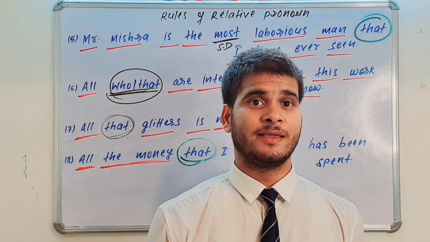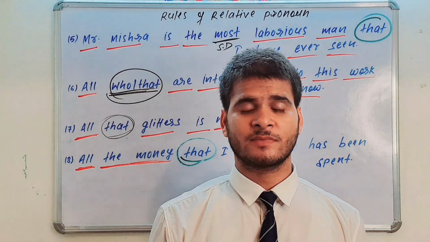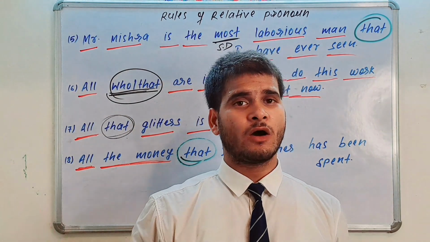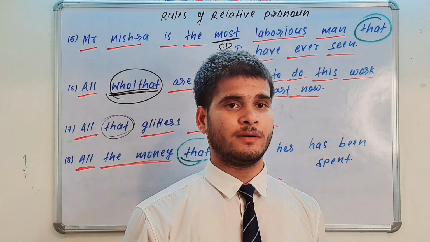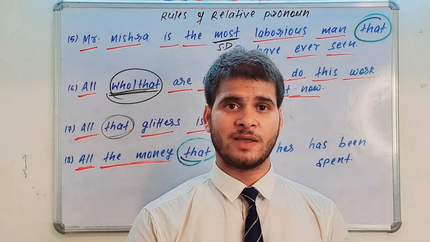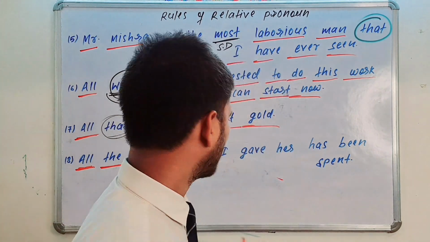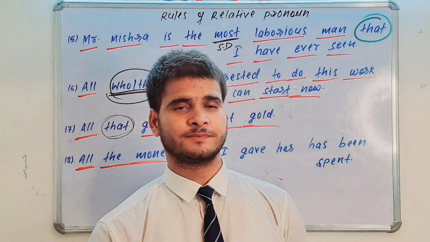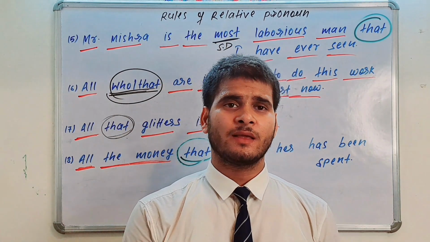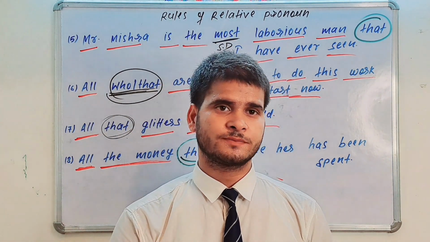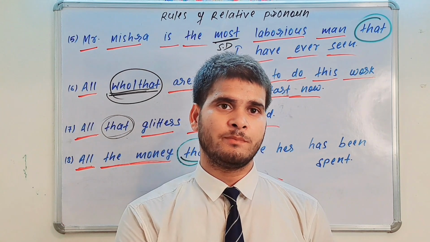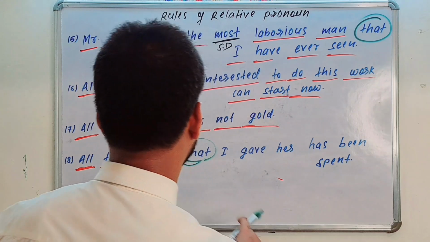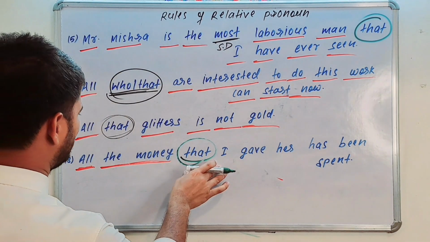Understand the seventh rule better from this example. If the word all plus an uncountable noun is used, then after that only the relative pronoun that is used.